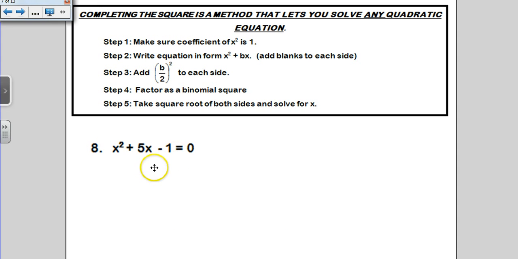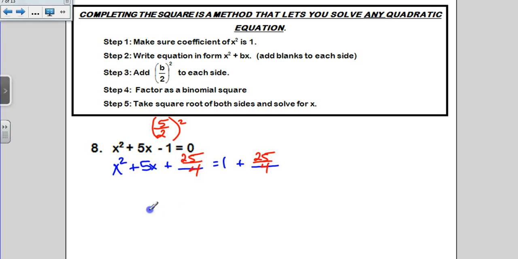Okay, number 8. We're going to have to add that 1 to the other side, and at the same time I'm going to leave a blank for the C value. Unfortunately, this C value is going to be a fraction, because if I cut 5 in half, that's 5 halves. And when I square 5 halves, that's not anything pretty, so we're going to leave it as 25 fourths.